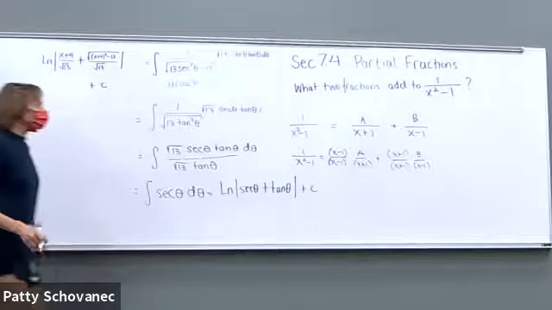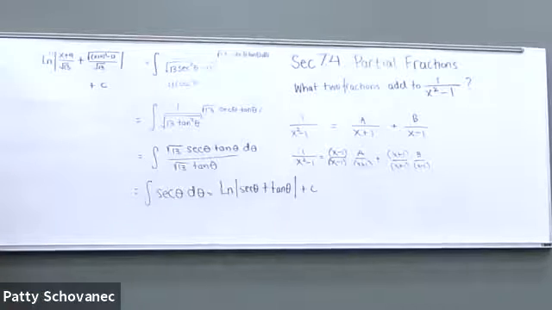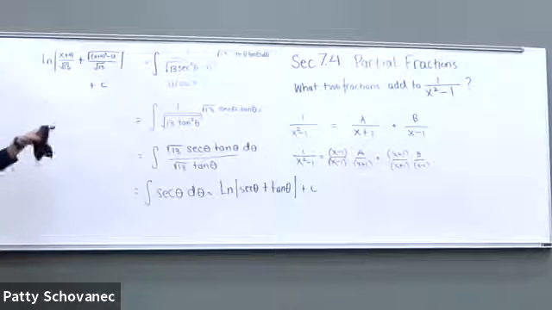So now I've got the x minus 1 times x plus 1 to multiply together to give me a common denominator of x squared minus 1. So I need all the stuff in the numerators on the right-hand side to add together and simplify to 1.